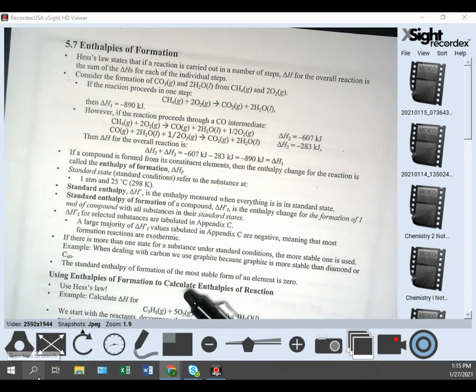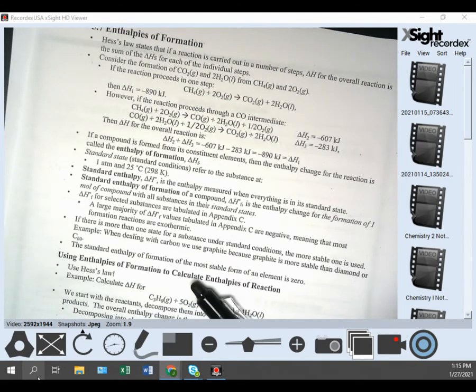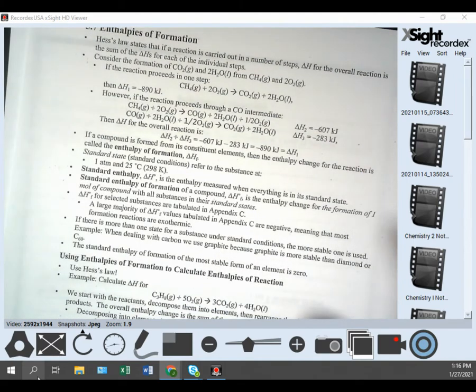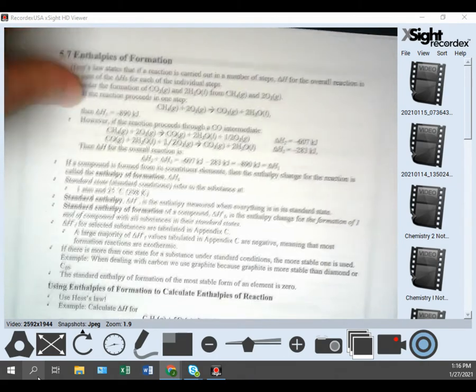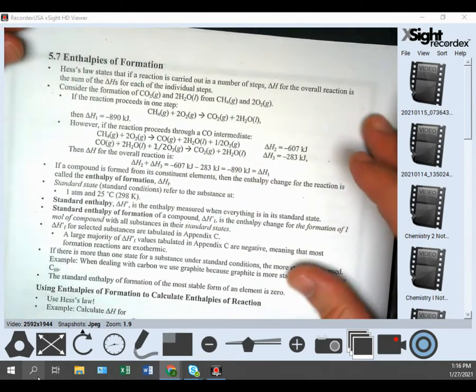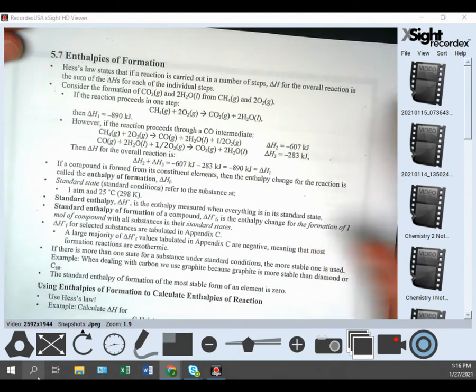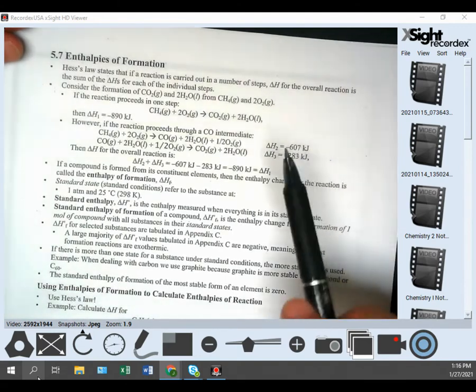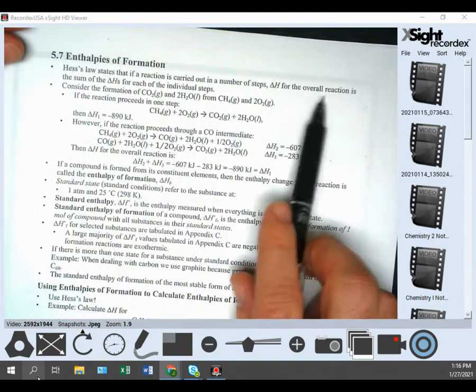All right. So 5.7 is enthalpies of formation. There's obviously a lot of stuff on here. We've got the Hess's law stuff that we've already talked about.